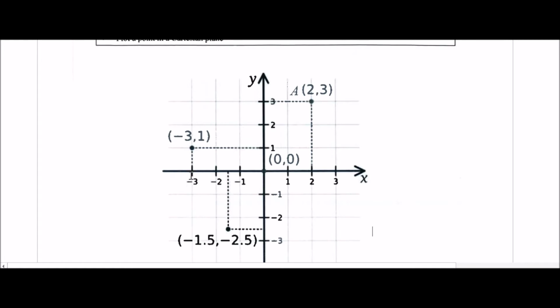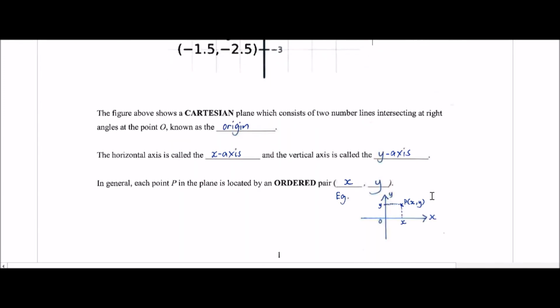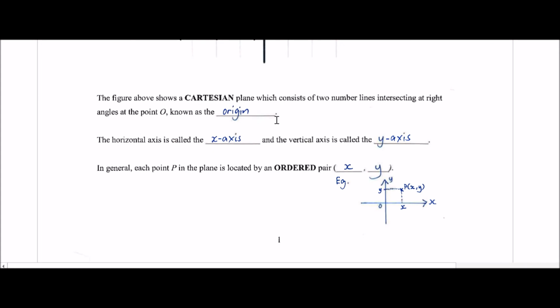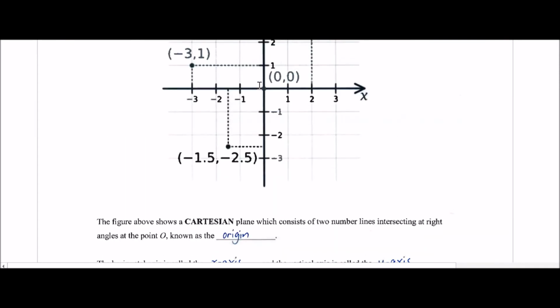Because -3, -2, -1, 0, 1, 2, 3, they are essentially number lines, something that we've learned before. One is horizontal, one is vertical. They are the x and y axes. When these two lines intersect at right angles, this point, as I said just now, is called the origin.